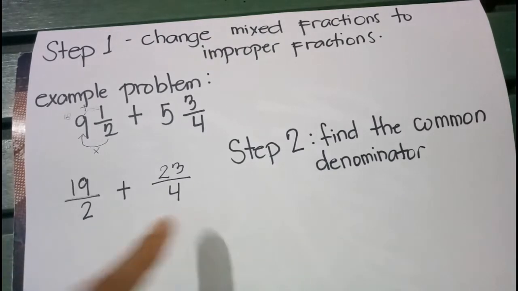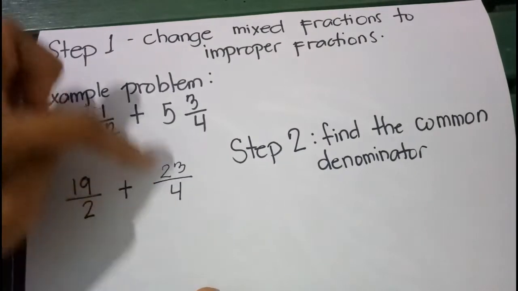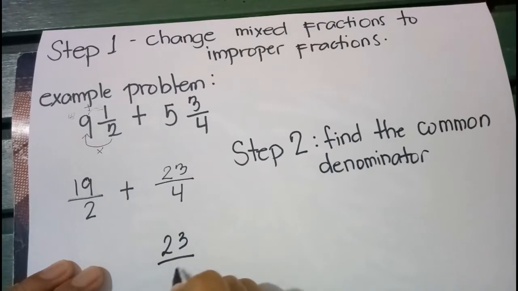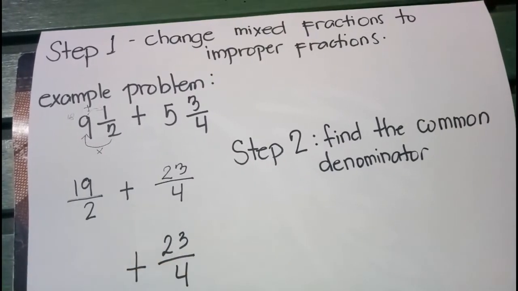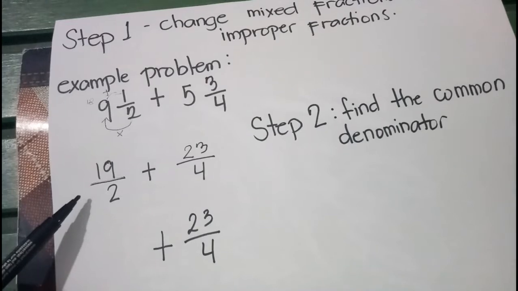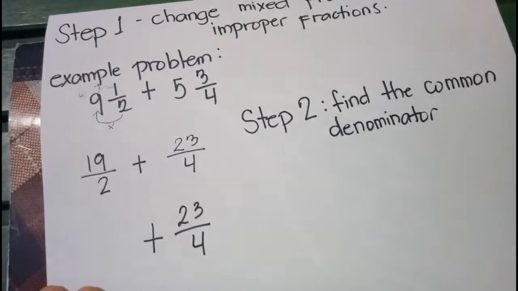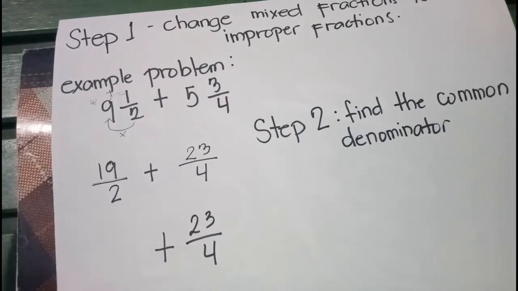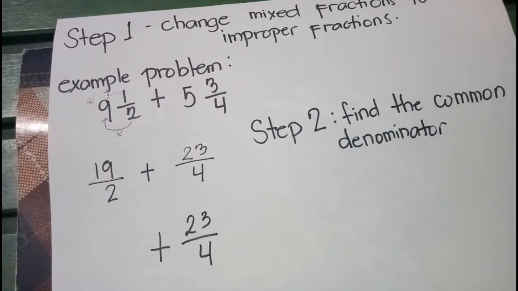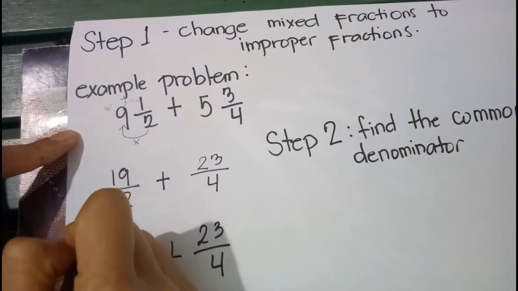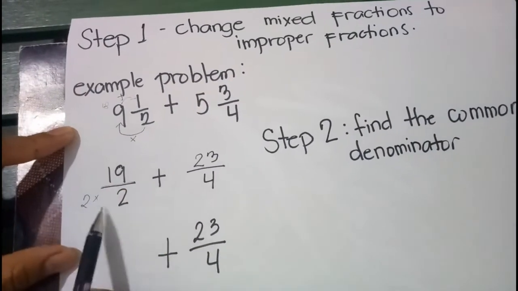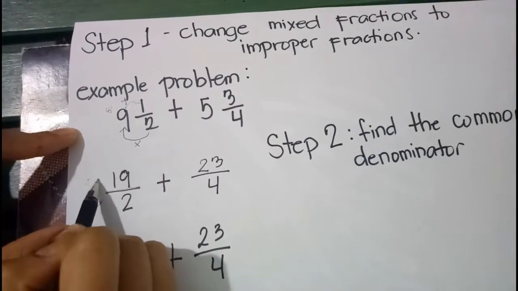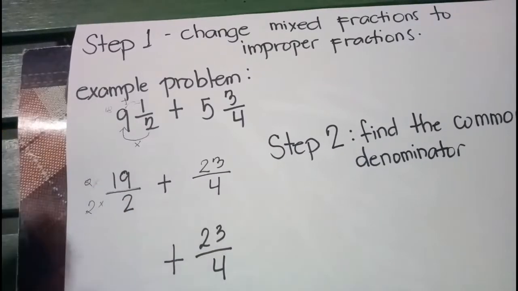Since we're using 4 as our common denominator, we are just going to copy this fraction, 23 over 4. For this fraction, since we're going to use 4 as our denominator, we have to think, what do we need to multiply to 2 to get the answer 4? Of course, that will be 2. 2 times 2. And since we multiply our denominator by 2, we also have to multiply our numerator by 2.